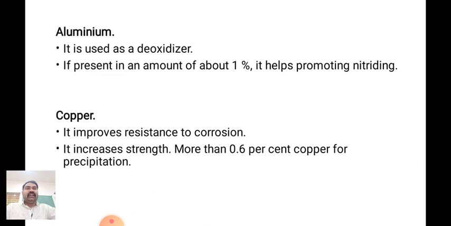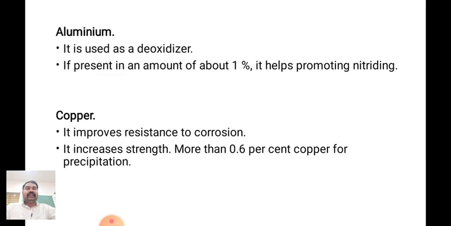But as we are adding aluminium in the steel, it will prevent the rusting as well as corrosion, whether that boat or outer surface of the ship is in contact with the sea water. It will prevent the rusting of the component.